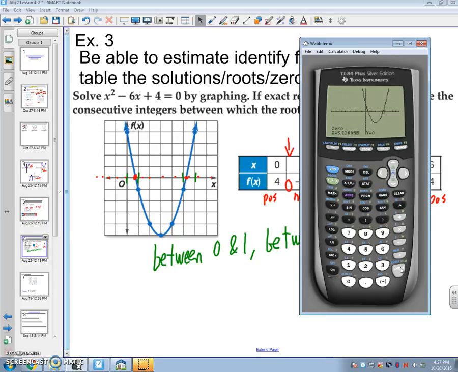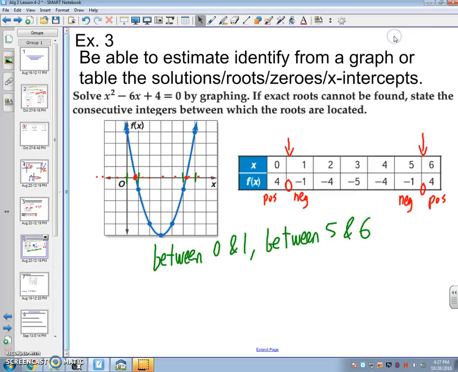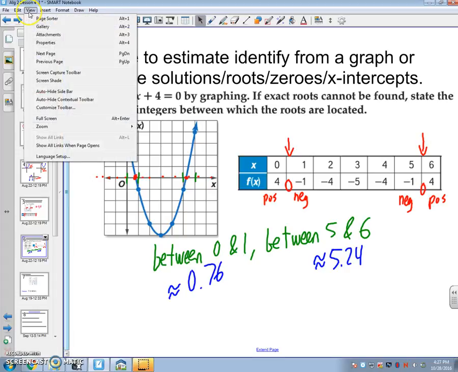So this answer is at x equals 5.24. So really, it was 0.76, and this was about 5.24. All right. And that should be it for this lesson.